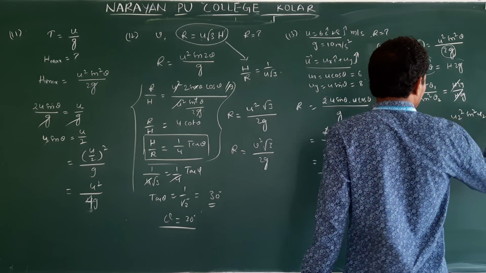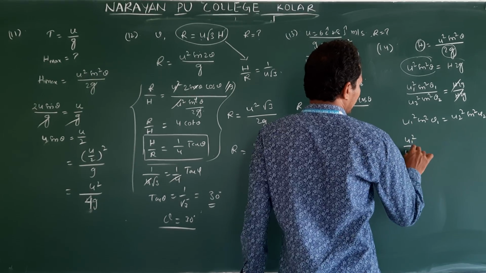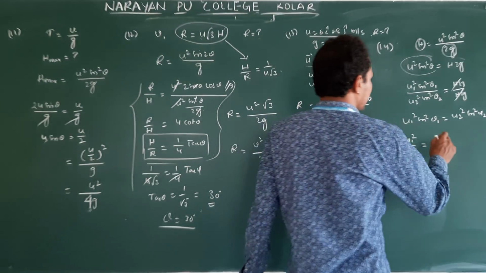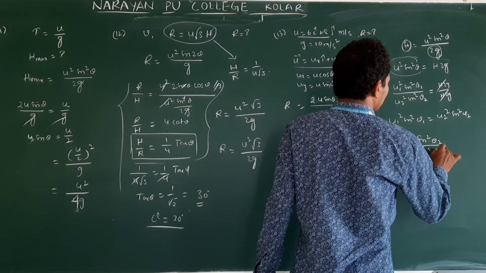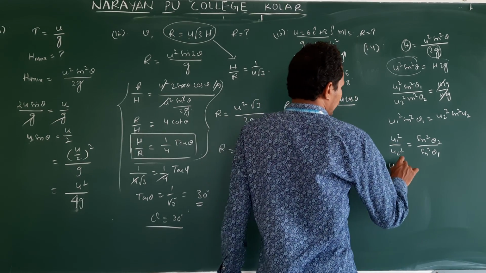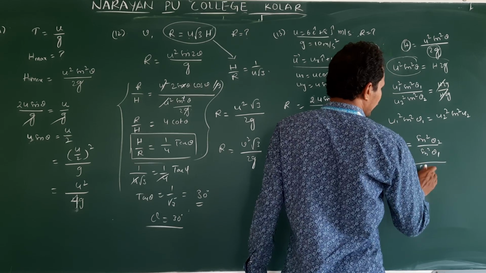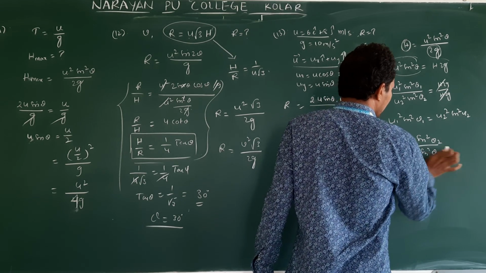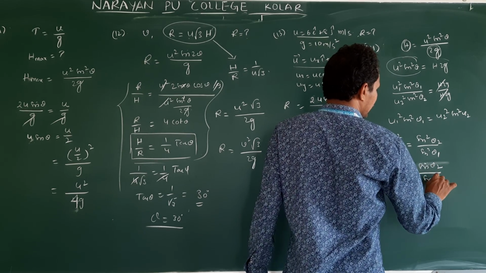They are asking the velocities ratio. So u1 square by u2 square is equal to sin square theta 2 by sin square theta 1. Clear? Then u1 by u2 they are asking, so taking the root, both sides square is there, then the square also will be cancelled. We will get sin theta 2 by sin theta 1.